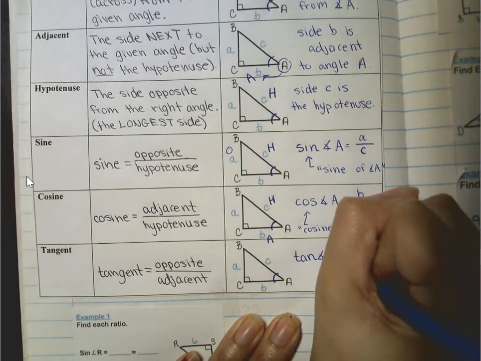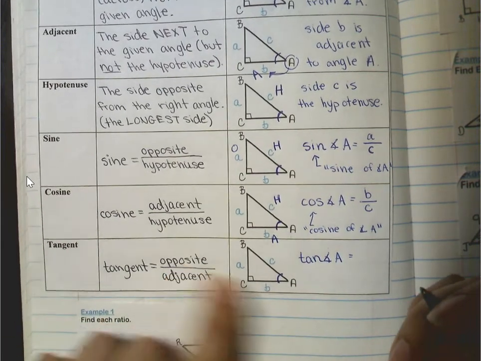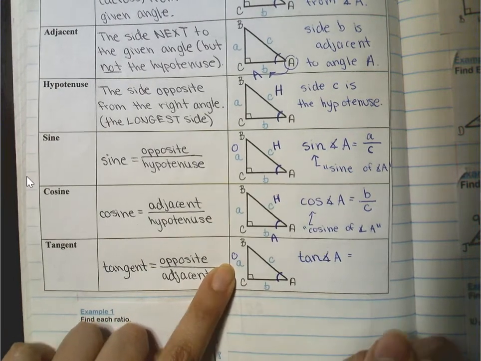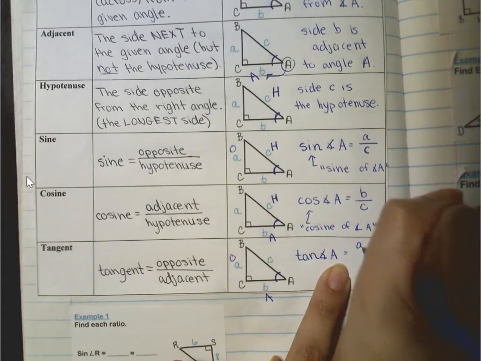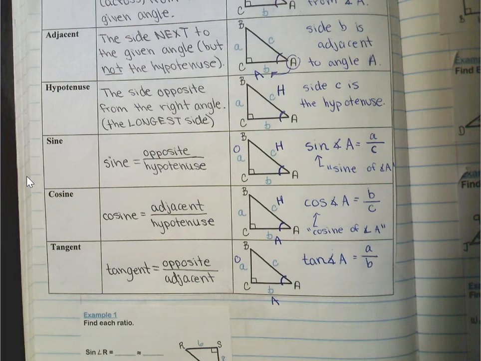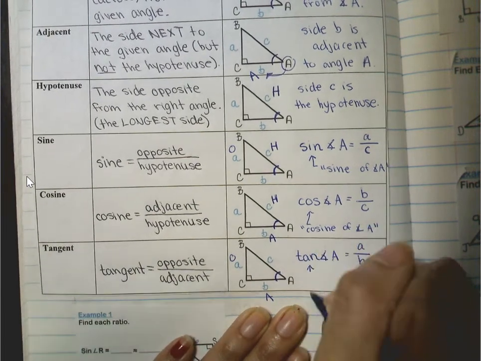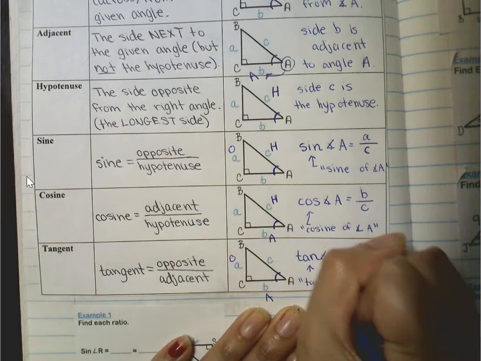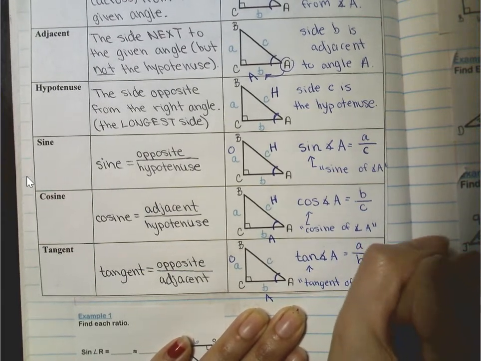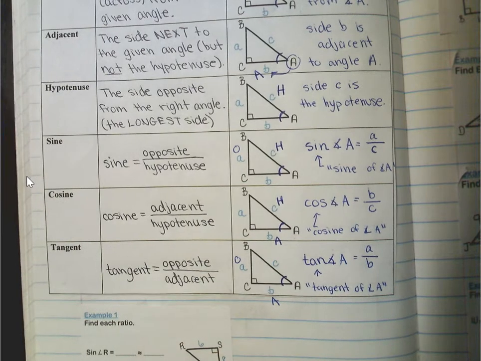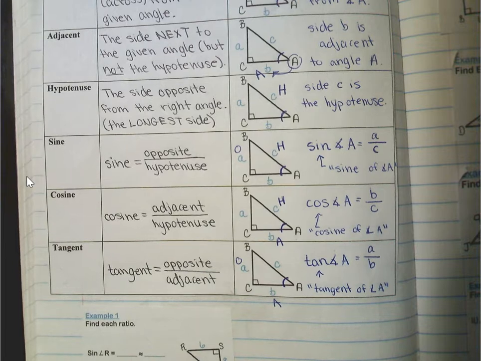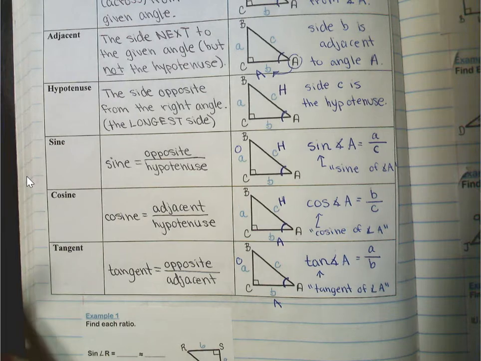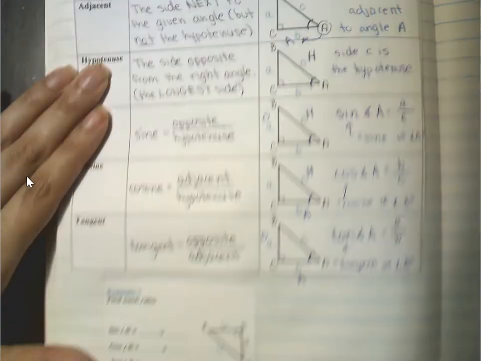So tangent of angle A equals opposite, which is going to be the A, over adjacent, which is going to be the B. So A over B. Again, you do not say "tan," you say tangent of angle A. Okay, so those are just the formulas, the equations. What you're going to practice today is just setting up the ratio for given triangles. So let's look at example 1.